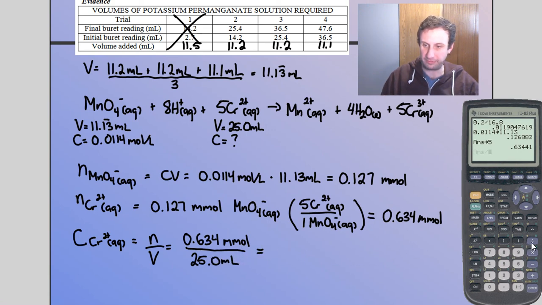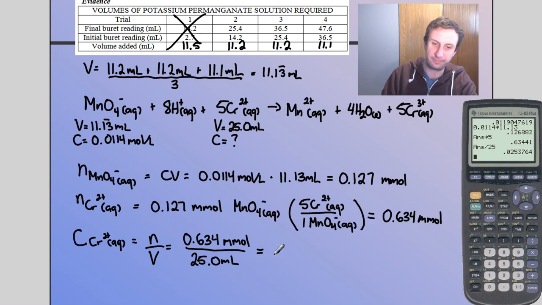So I'm going to divide this by 25. And I end up with an answer of 0.0254. That is now in moles per liter, because my milli here cancels out with my milli here, so I have moles divided by liters.